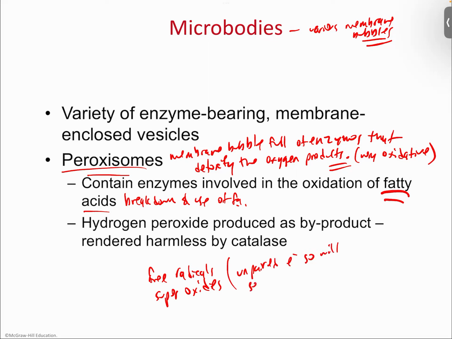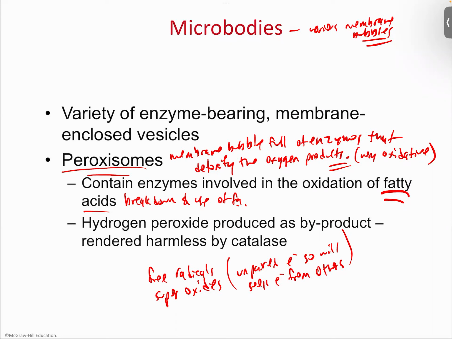And so they will seek electrons from others. What makes them dangerous is that they don't care where they get it from. They will basically rip an electron off of your tissues. And that could cause a lot of damage to your tissues because all they care at the end of the day is getting theirs. Okay. And that can become very damaging to your tissues.